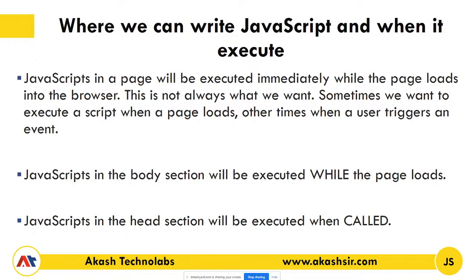Sometimes we want to execute a script when the page loads, other times when the user triggers particular events. For example, if you click on the button, at that time we need to execute a JavaScript, right? JavaScript in the body section will be executed while the page loads, and JavaScript in the head section will be executed when it is called.